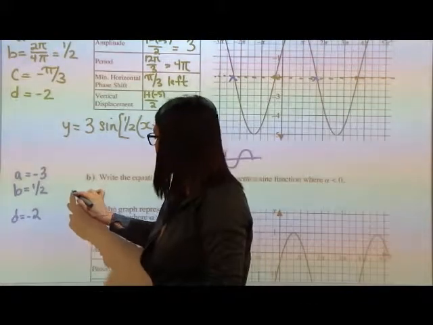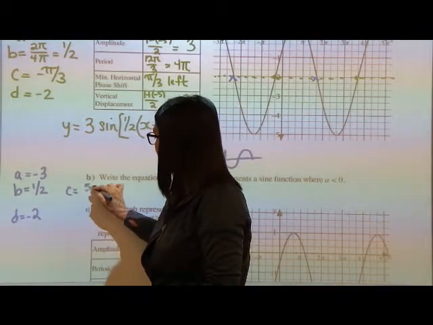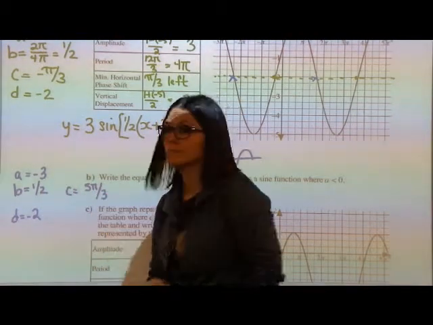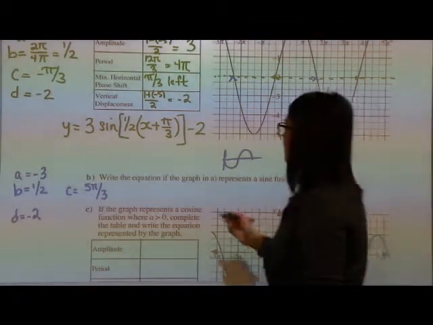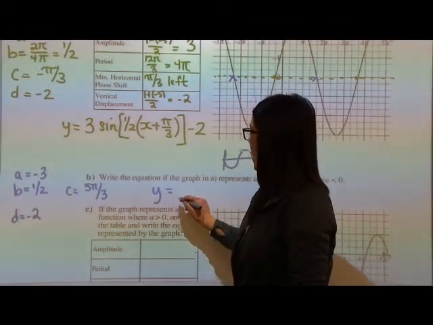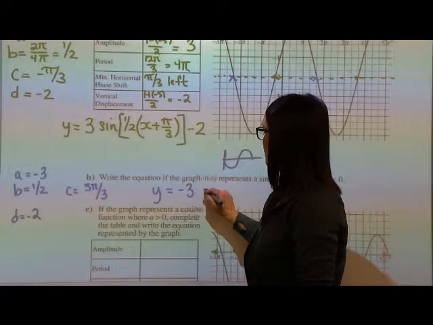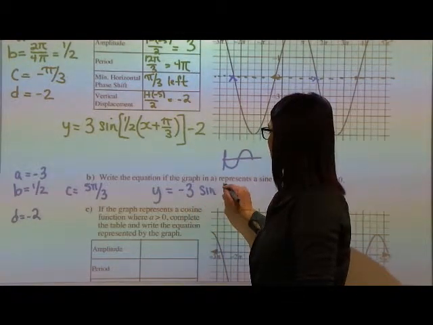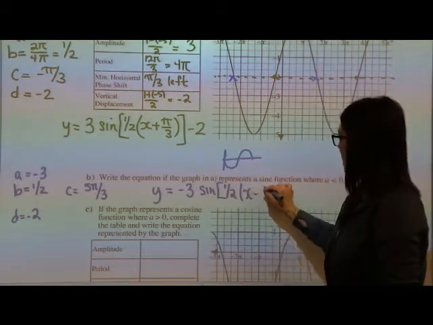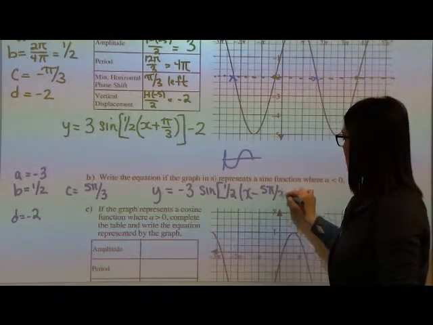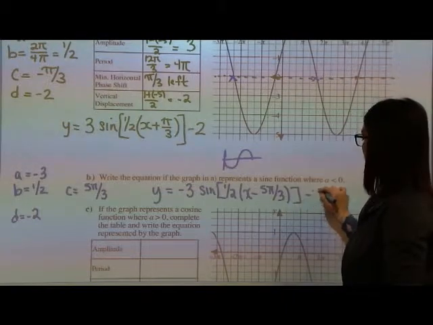So my C value would become 5 pi over 3 this time. So then my new equation would be y equals -3 sine 1/2 x minus 5 pi over 3, because it's to the right, minus 2.